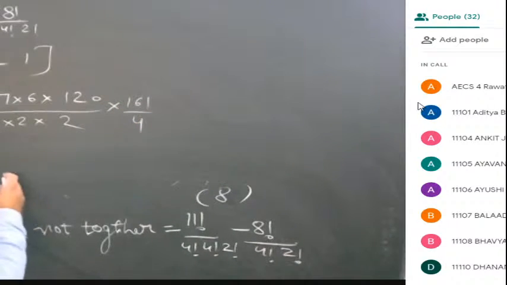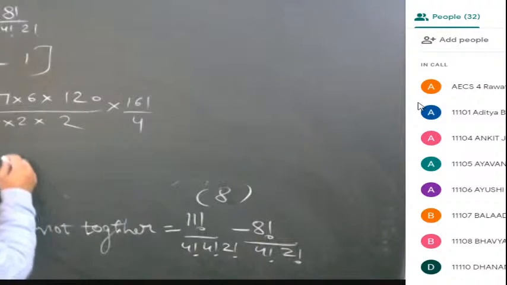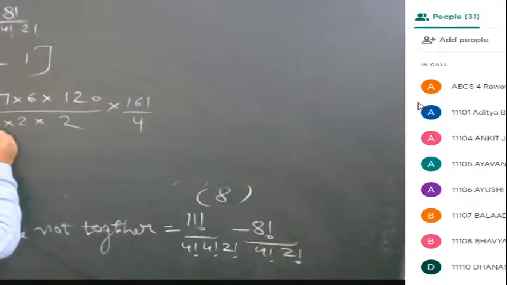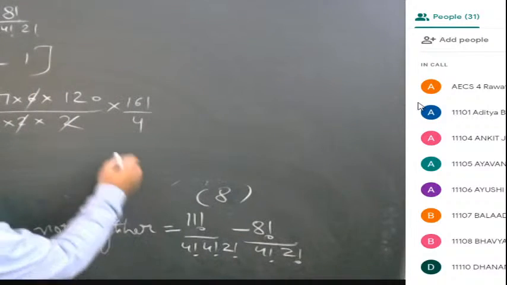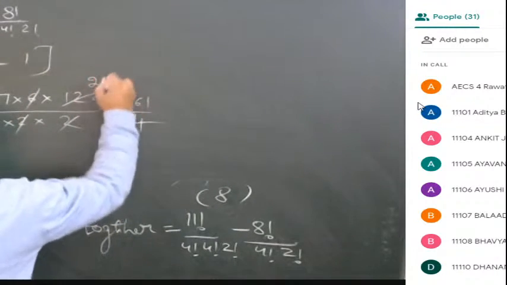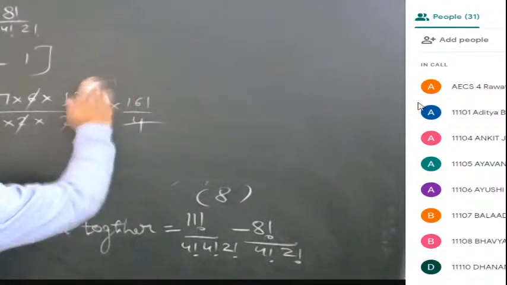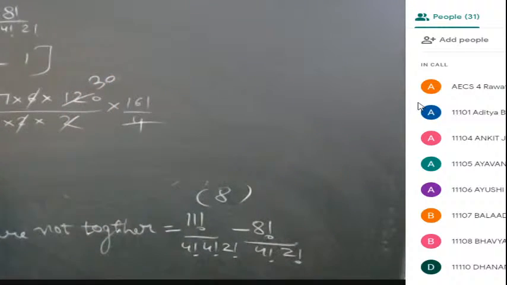So, 4 and 2 and 8 are cancelled, 3 2s are 6 are cancelled, and so on. I am just doing this so that you can understand that this is not difficult. It should be done manually only.